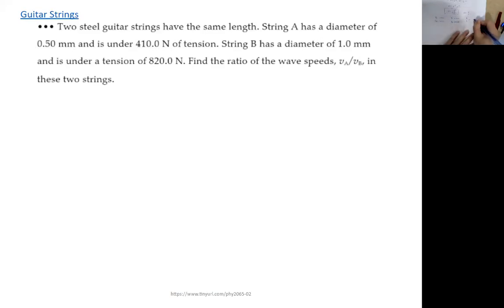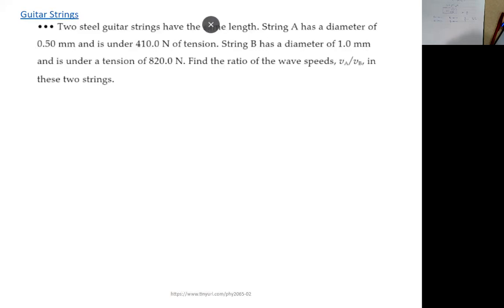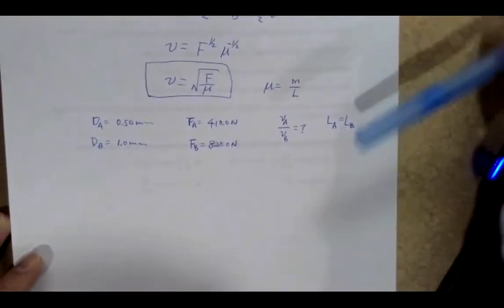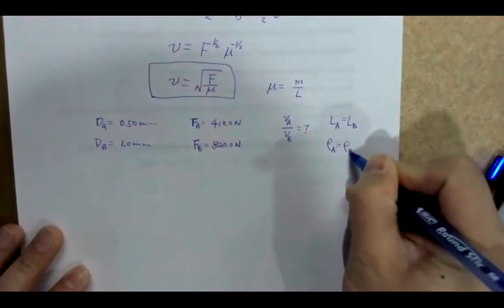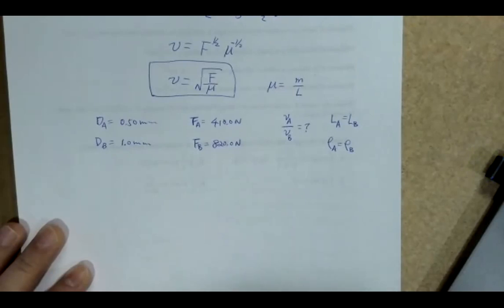And then it says length A and B are the same, L_A equals L_B. Now there's an assumption here that's not specified, but you can assume that the density of the two materials is the same. So rho_A and rho_B are the same because they are both made of steel.